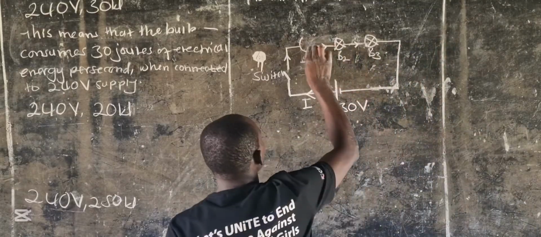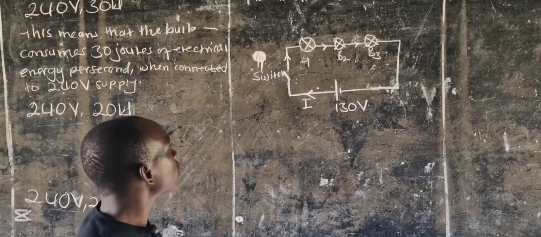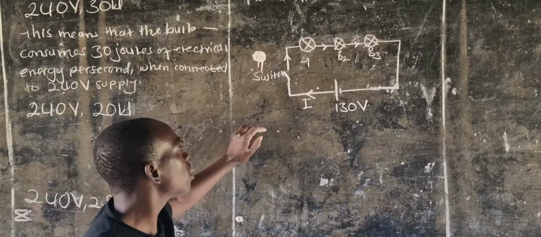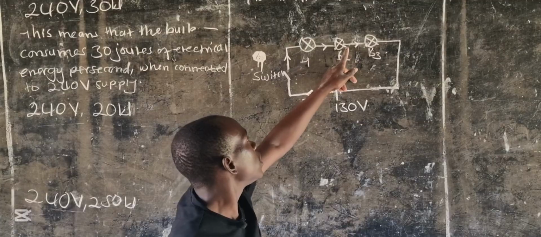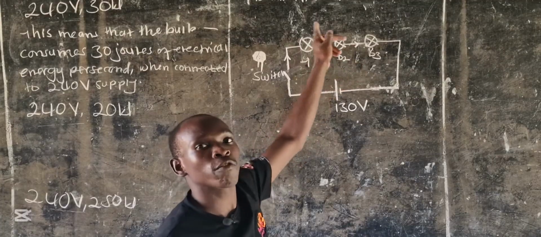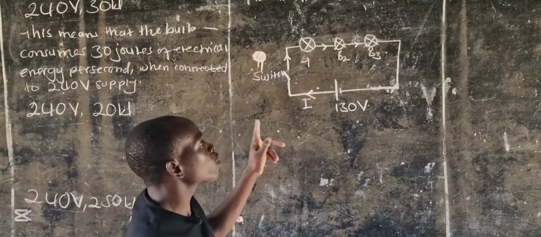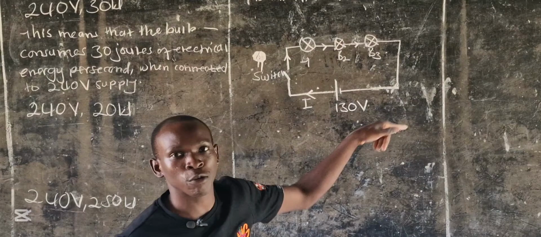So in our explanation, we can say that in series arrangement, if one bulb gets a problem, it affects the rest of the bulbs because it cuts off the flow of current flowing through the circuit.